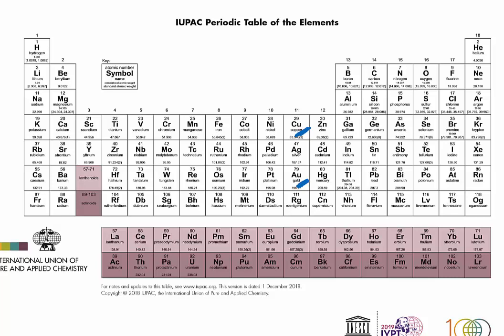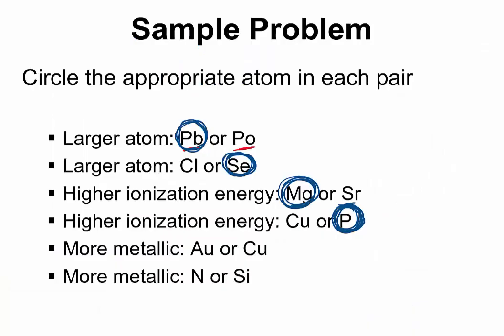And we know that metallic properties will increase as you go down the group, and it will increase from right to left. That is the metallic property trend. So, since gold is in period number 6 and copper is in period number 4, gold will be more metallic. So, gold is more metallic.